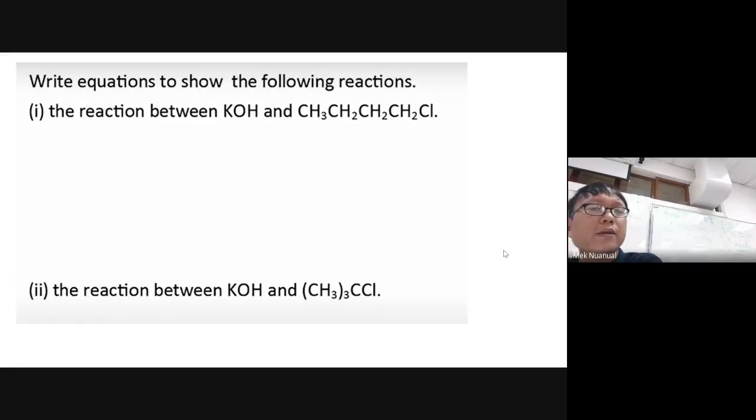And then once you do write your products, on the test, you need to identify as well whether it's primary, secondary, or tertiary. Okay, so please do that as well. When you find out what the product is, you'll be making an alcohol, right? So you're going to be making alcohols in both part 1 and part 2.